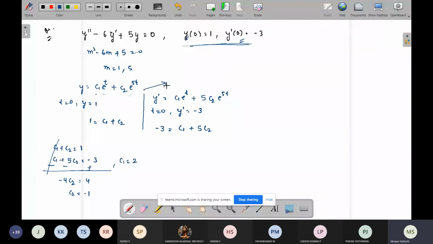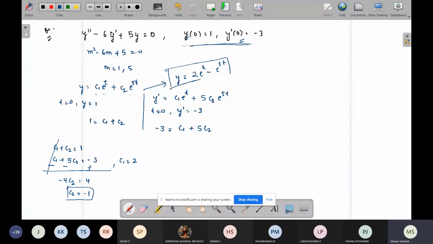That means the answer is 2 e power t minus e power 5t.